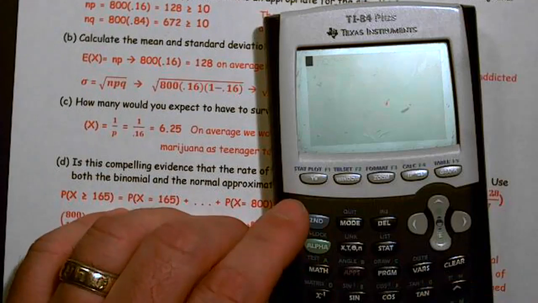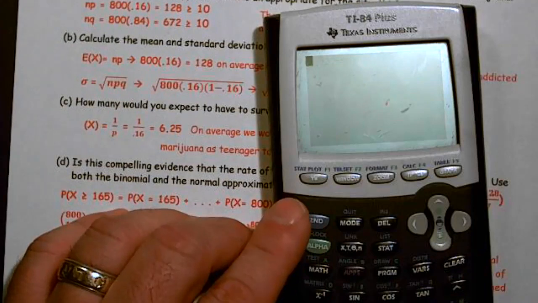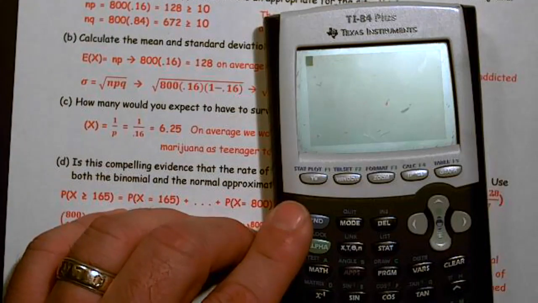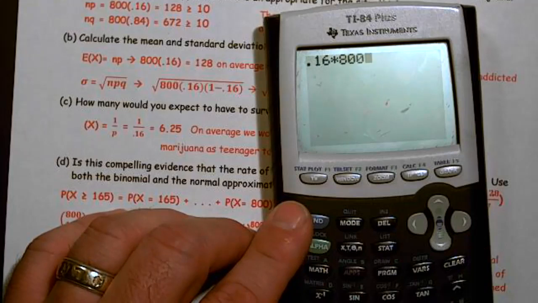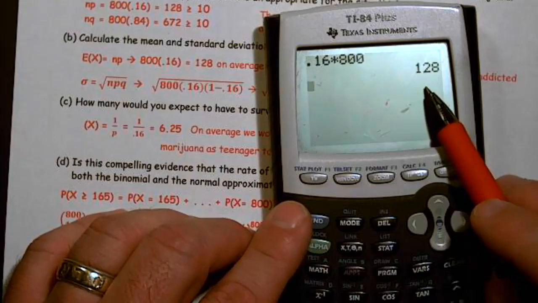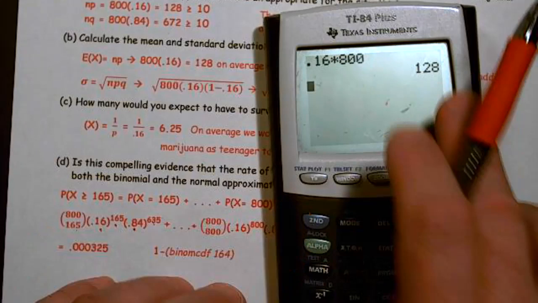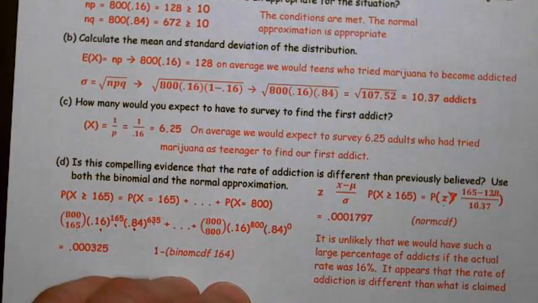Well, the 128, I said that wrong, but the 128 came from this: 16% of 800 is 128. So that's the number that we expect to have happen.